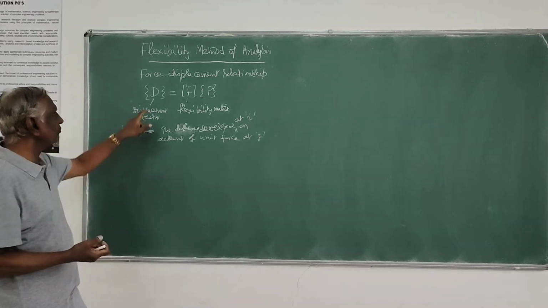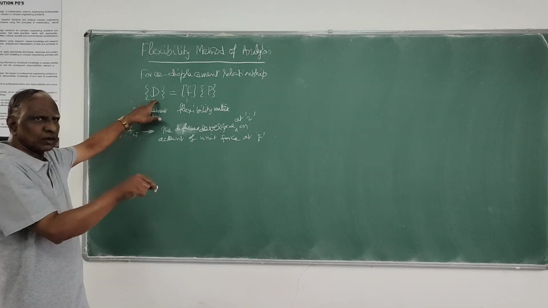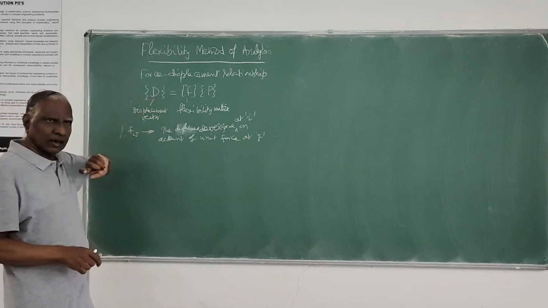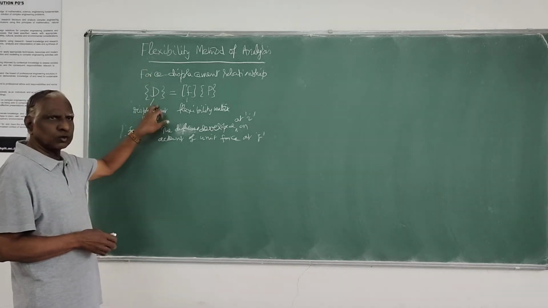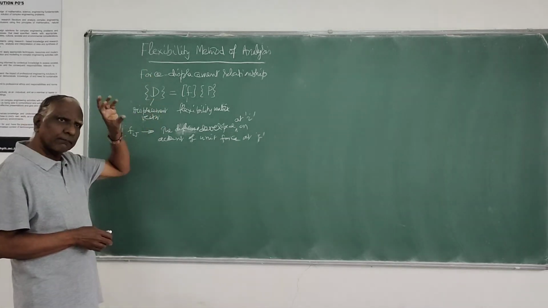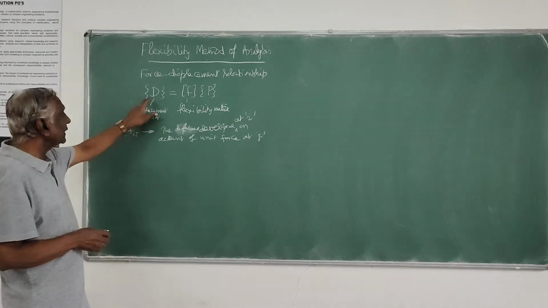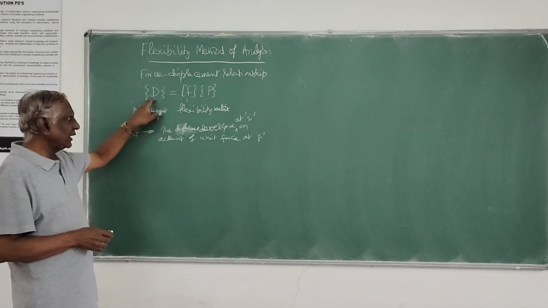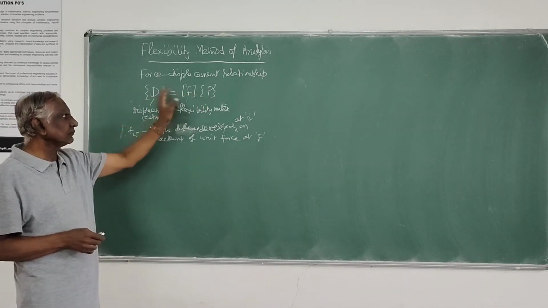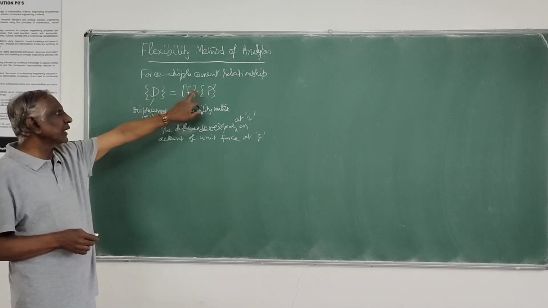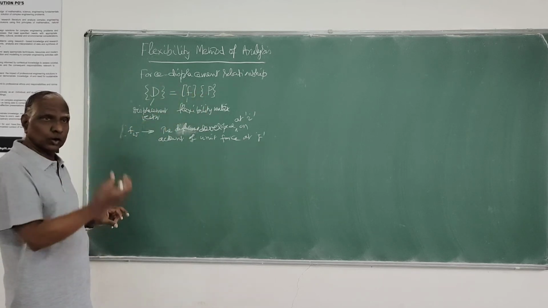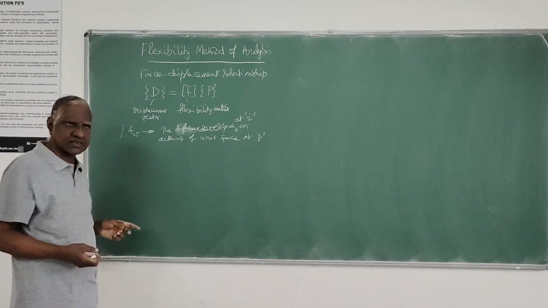Since you are removing some forces, restraint will be lost at that particular point and displacement is bound to occur, and that displacement you have to evaluate. Then using this relationship, you can determine the unknown redundant force.